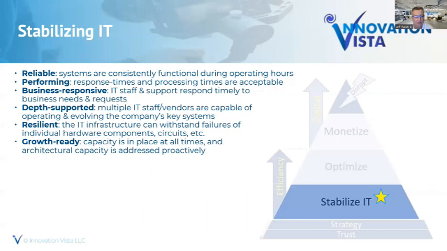Growth ready. So all about capacity. I think about capacity really in 2 distinct ways. One is installed capacity. What do we have in place now if people want to add data or move things around on the platform? Do we have space?